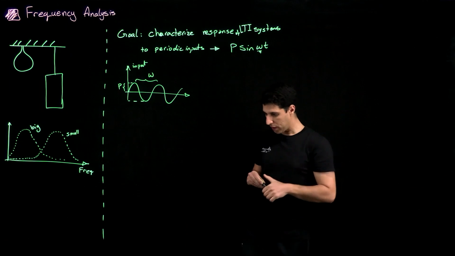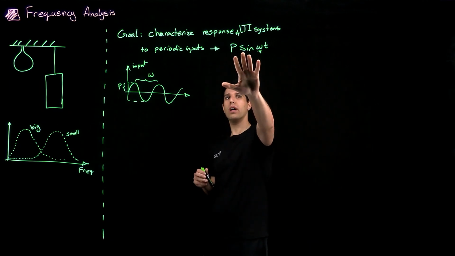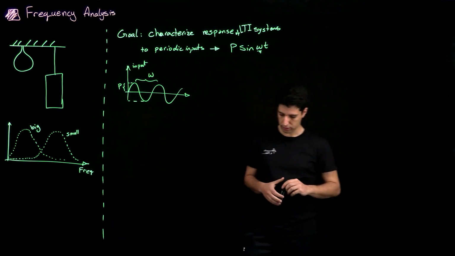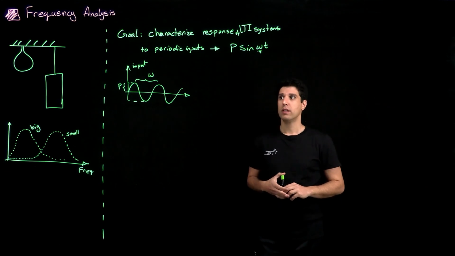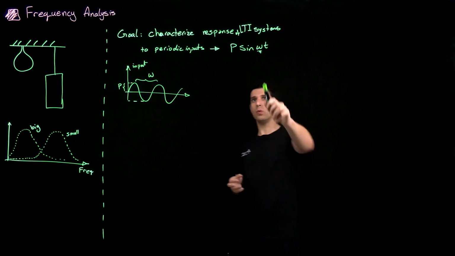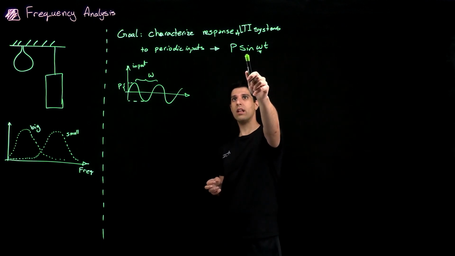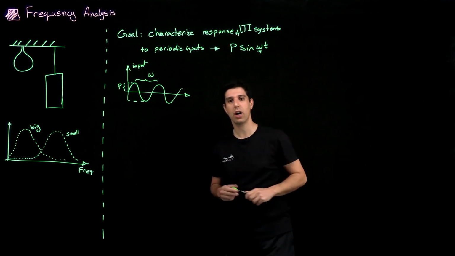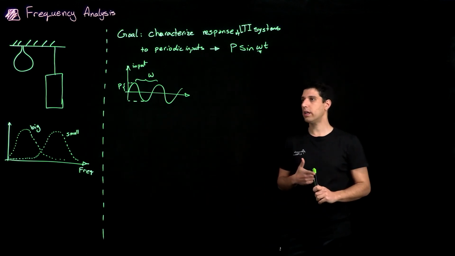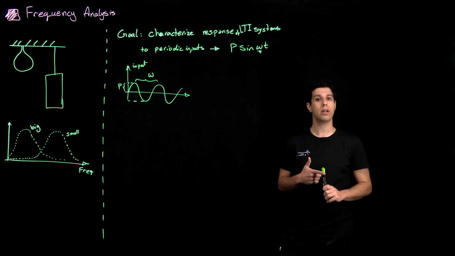So let's take a moment to discuss why this specific type of input. There are a few reasons we would like to analyze the response of a system to this type of input. One is, this is a very common input.